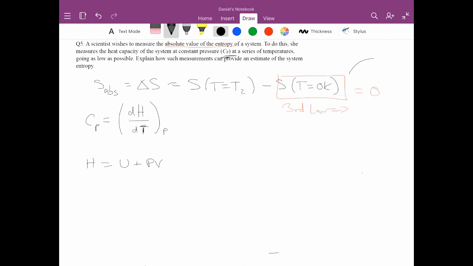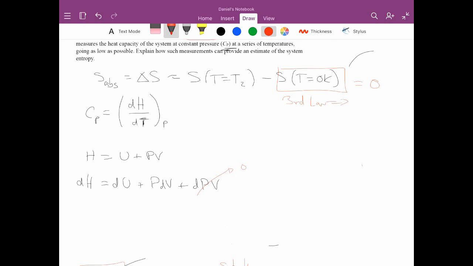A small change in enthalpy is going to be the small change in energy plus pressure times the small change in volume, plus by the chain rule, small change in pressure times the volume. And since we have defined that there's a constant pressure, there's no change in pressure here, so that term goes to 0. So we can say that the change in enthalpy is equivalent to a small change in energy plus P dV.